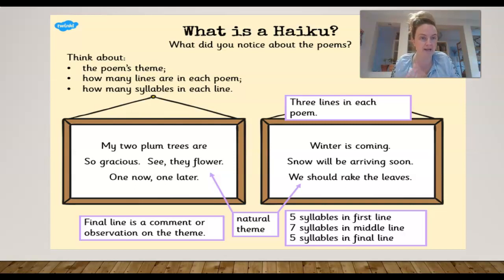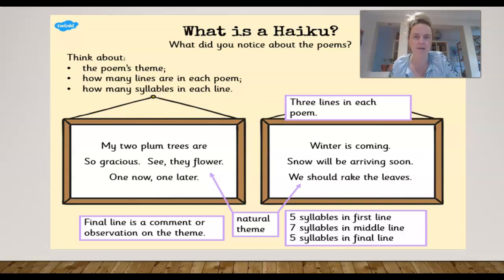Quite often they're about the seasons, the haiku poems. It's about nature. It has a nature theme. So it's got 3 lines. 1, 2, 3. Now we need to think about how many syllables are in each line.